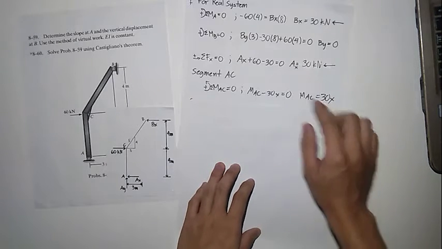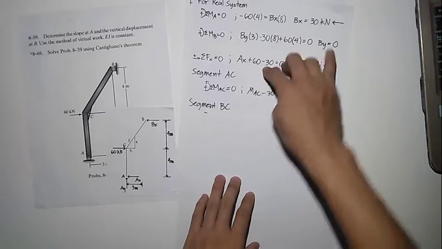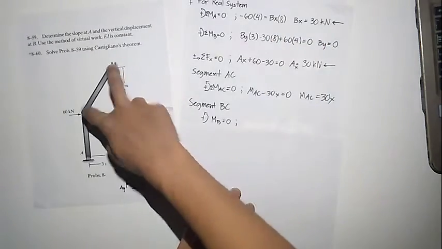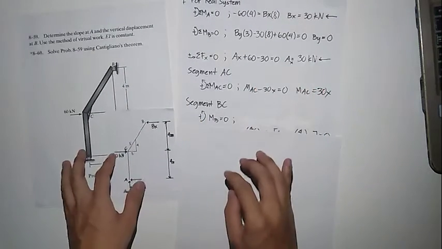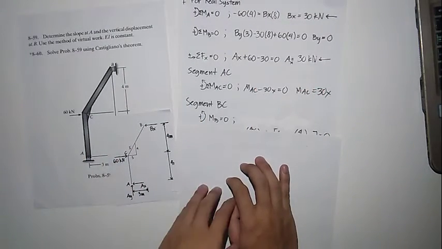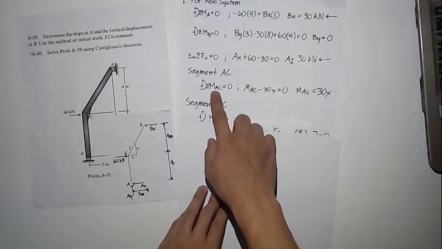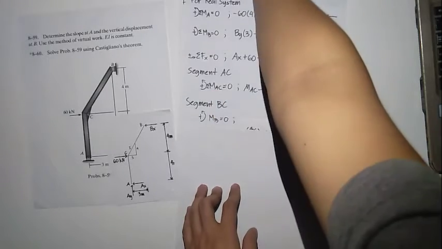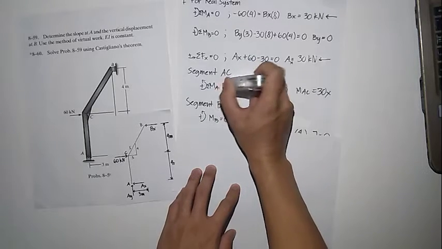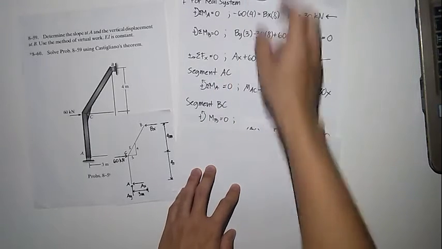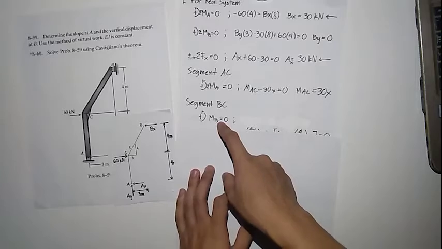Again, sa segment BC naman tayo. Magka-cut po tayo dito at i-label po natin yung x. Moment A rather. So, moment B naman po tayo.